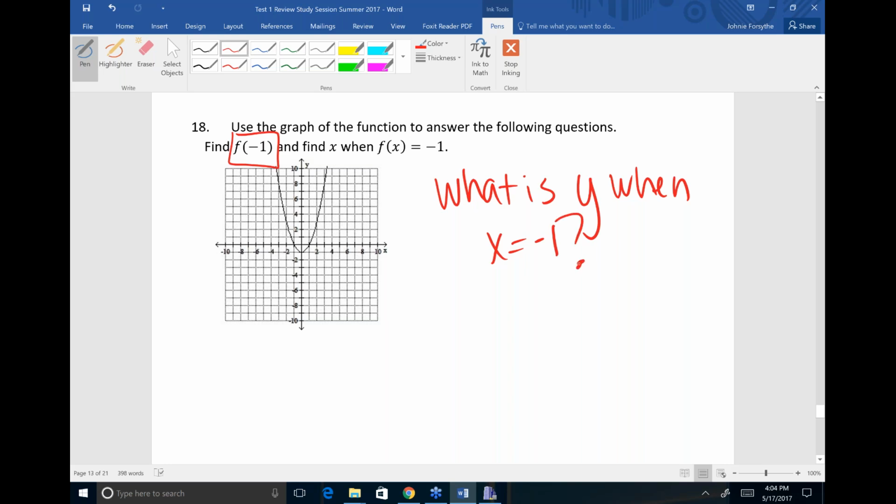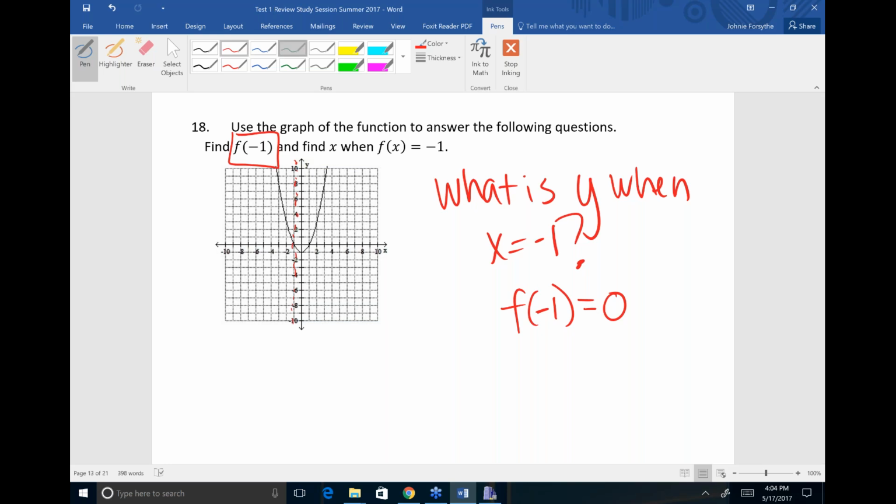That's what that is asking you. So you go to -1 on the x-axis. So here it is. So what is my y value along this line here at -1? The y value would be 0. It's right there. So f of -1 equals 0. Okay?